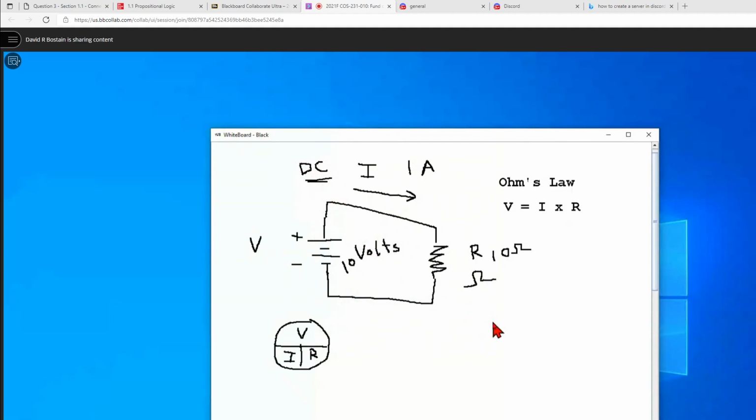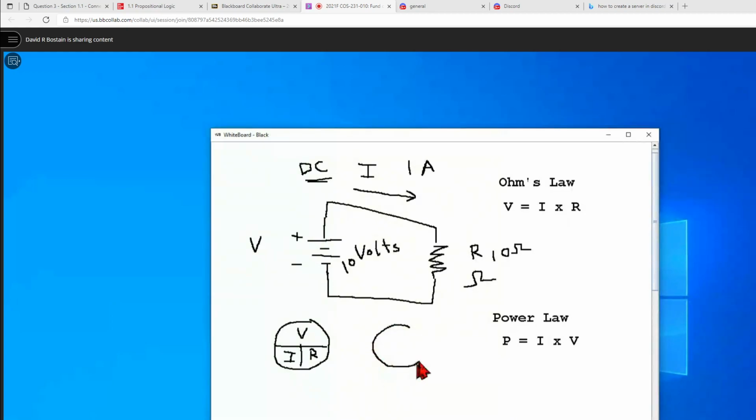Now, although it doesn't have a formal name, we often call it the power law, is another law that we need to know about. It says that the power in watts used up by a component is equal to the current through the component times the voltage dropped by that component.